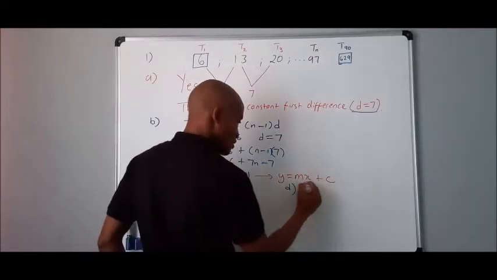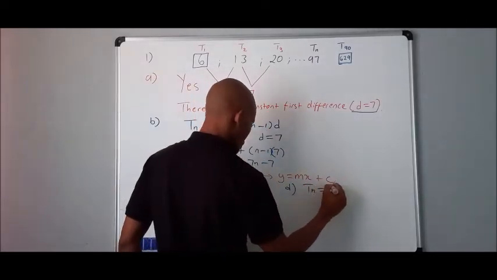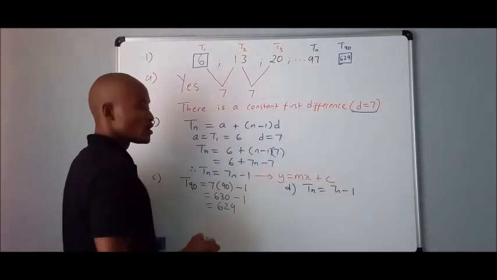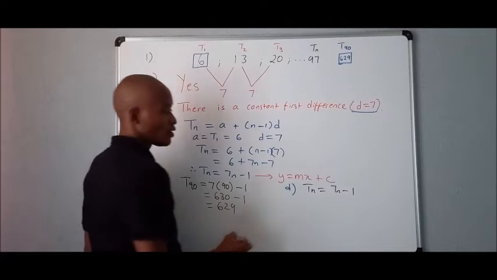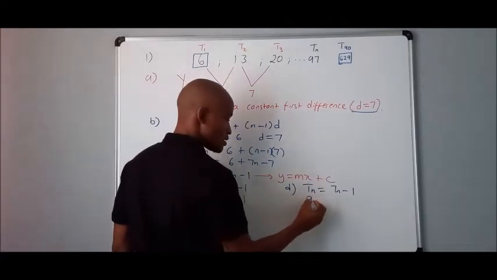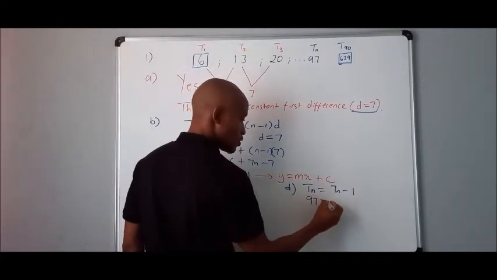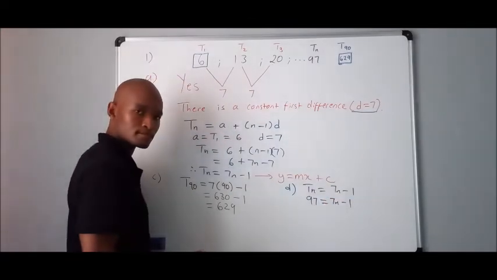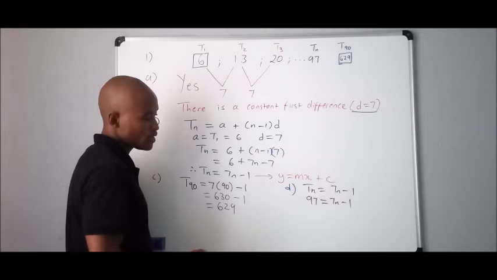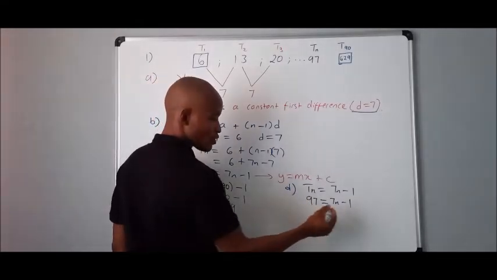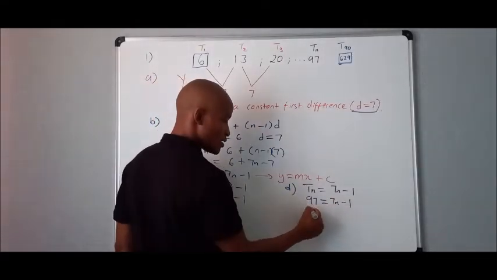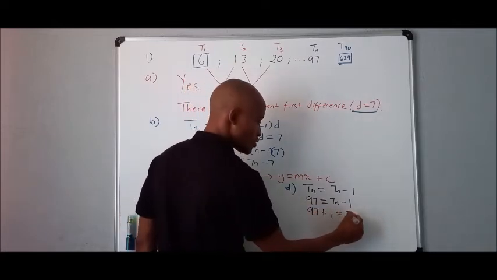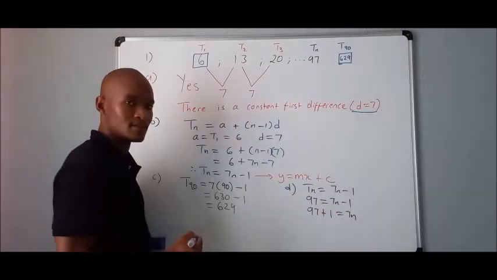So we understand that we have Tn is equal to 7n minus 1. So our Tn, or the value of the term, is 97, which is equal to 7n minus 1. Okay, so then you, of course, transpose the minus 1. It's 97 plus 1, which is equal to 7n.